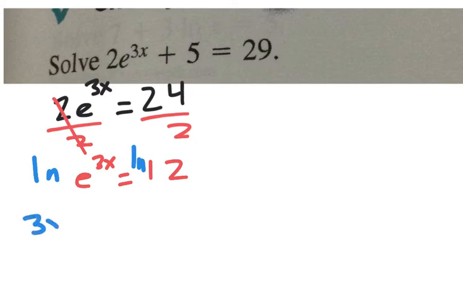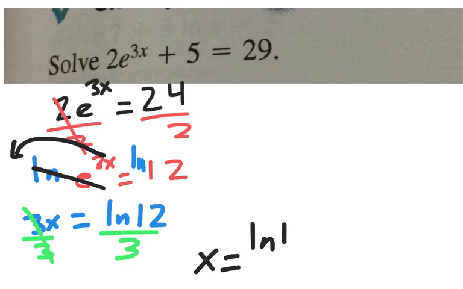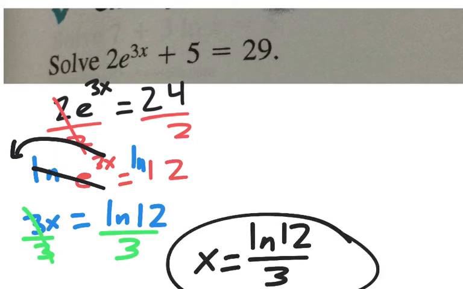So that's going to give me 3x equals the natural log of 12. Right, because I'm moving the 3x out front, and then the natural log of e is canceling, and then divide by 3, and so I find that x is equal to the natural log of 12 over 3.